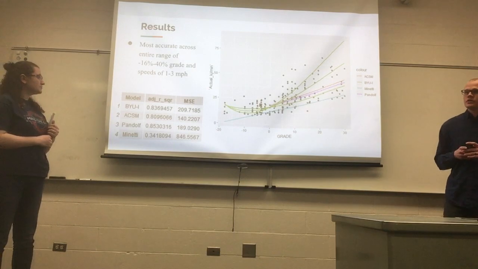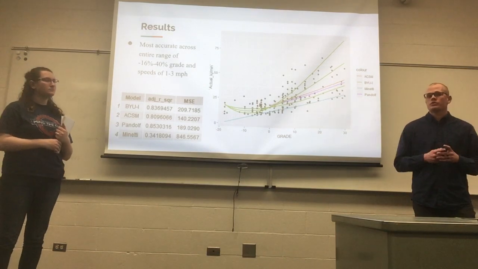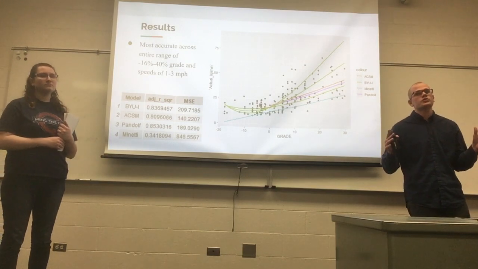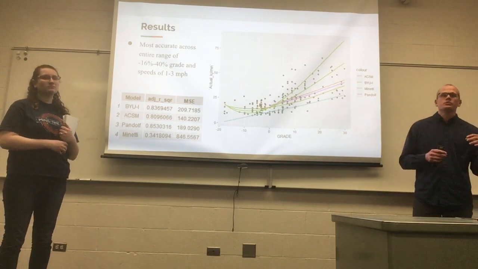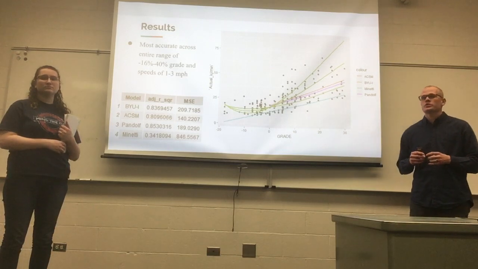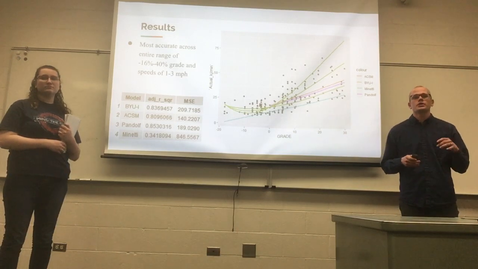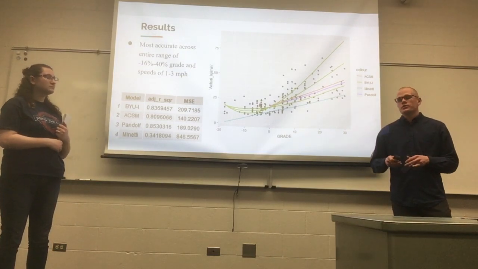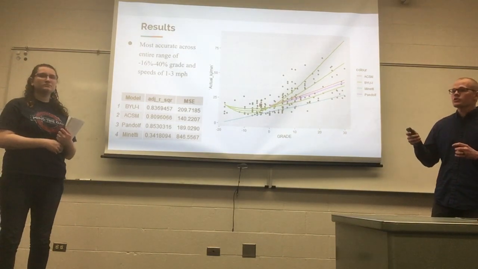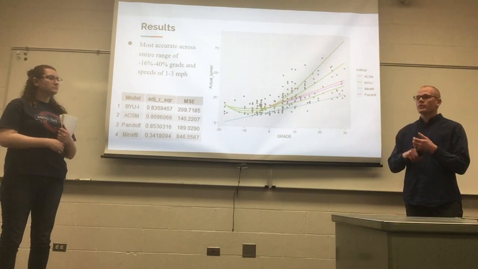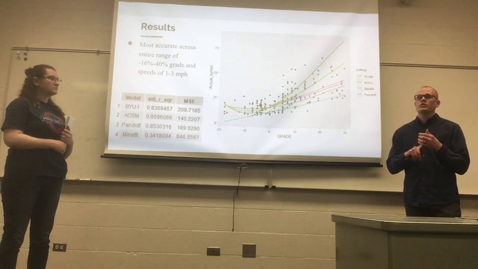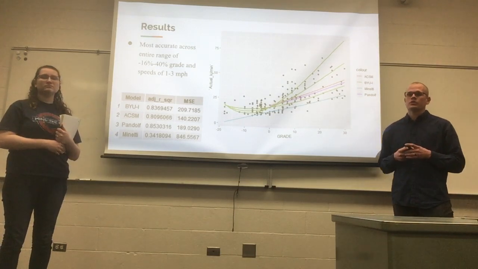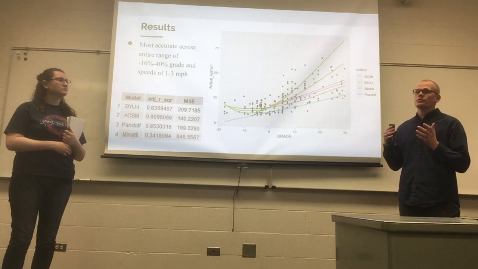As Brianna said, the BYU-Idaho metabolic cost equation was the most accurate equation across the entire range tested, which was negative 18% grade to positive 40% grade, and speeds from 1 to 3 miles per hour. This is significant because other equations, as mentioned, the Pandolf and the American College of Sports Medicine equation, only take into account gradients that are positive.